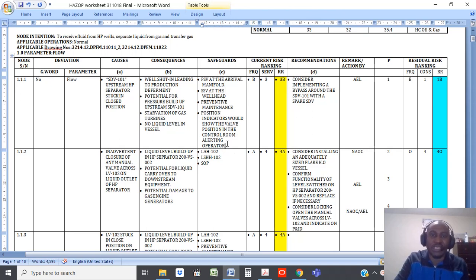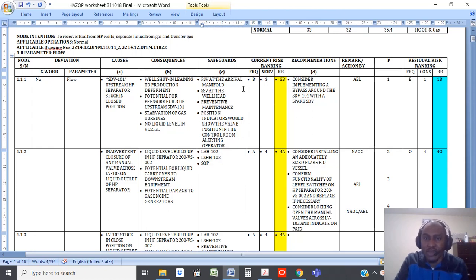Now, it's always good to explain your safeguards properly so that whoever is reading the report and wasn't in the workshop would fully understand what's happening. Also, you could then rank it based on your risk matrix. I would have another video where I would explain what a risk matrix is.